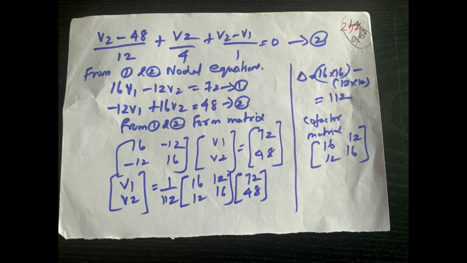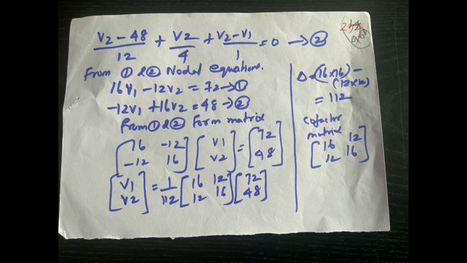That is an important point. V2 and 48 volt are in opposite directions, so put (V2 minus 48) divided by 12, plus V2 divided by 4, plus (V2 minus V1) divided by 1, since V2 and V1 are opposite, equal to 0.